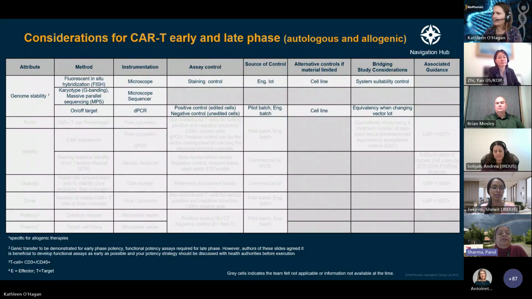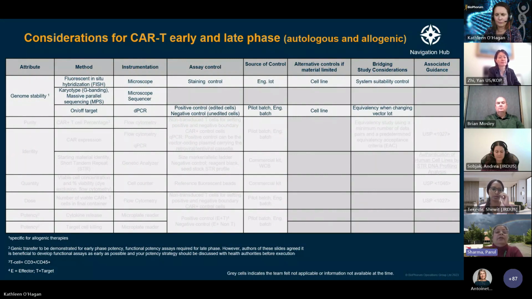Should such a defect be identified, you can go and target these changes using ddPCR or FISH. So if there's a translocation, you can probe that region and see what percentage of your cells are affected to ensure the safety of your cell therapeutic.